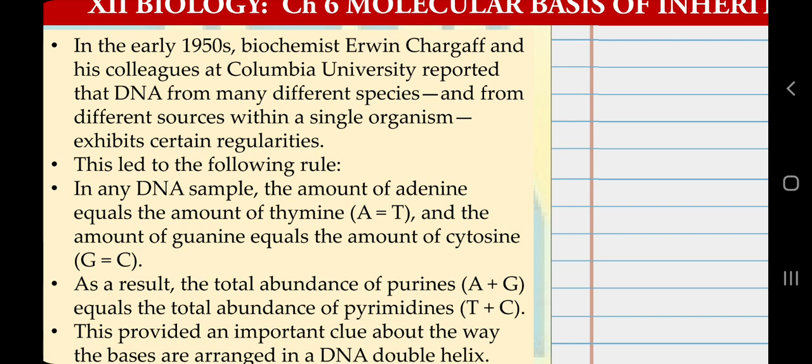Chargaff gave a simple rule that in any DNA molecule there will be equal amounts of A and T, and G and C. This means that if there are 500 adenines in a DNA, there will be 500 T. Or if there are 400 G, there will be 400 C. In very simple terms, A equals T, and G equals C.